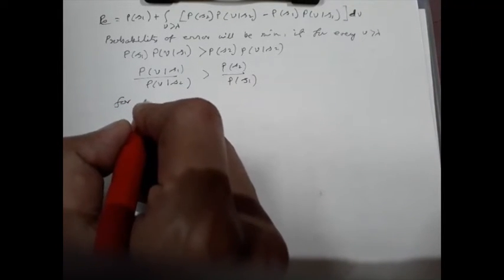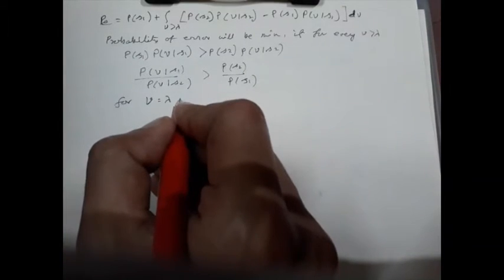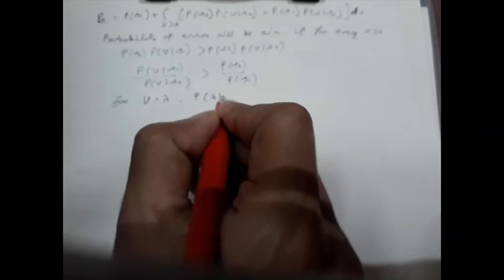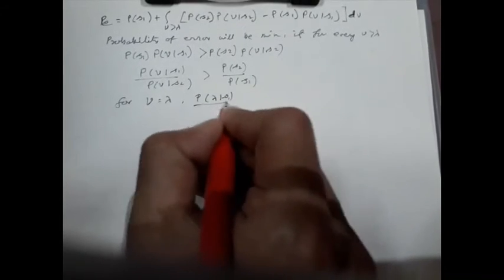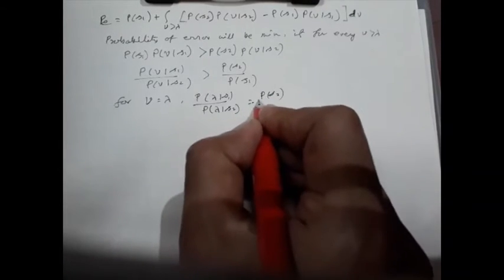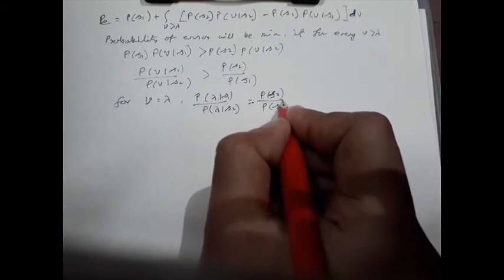Now for the boundary, that is for V equal to lambda, under this condition we can write P(lambda|S1) by P(lambda|S2) equal to P(S2) by P(S1). So this is the rule.